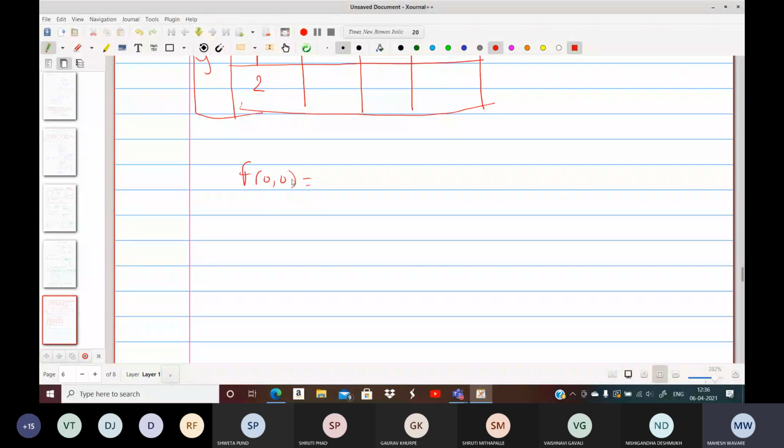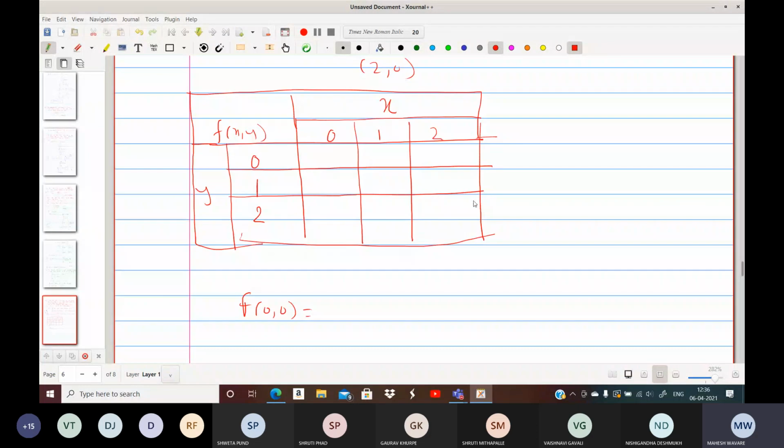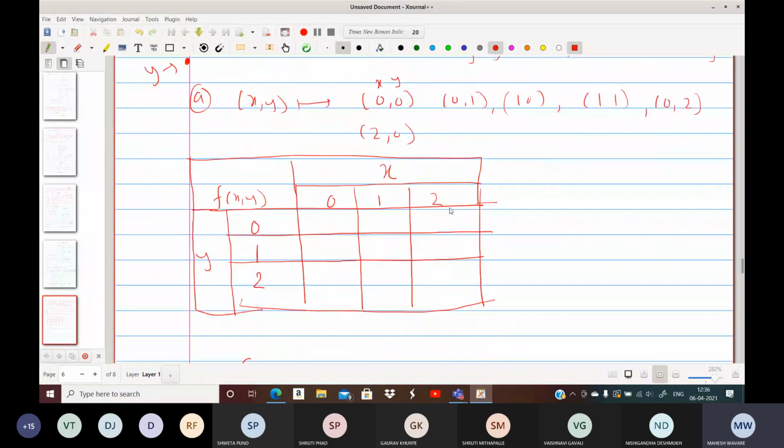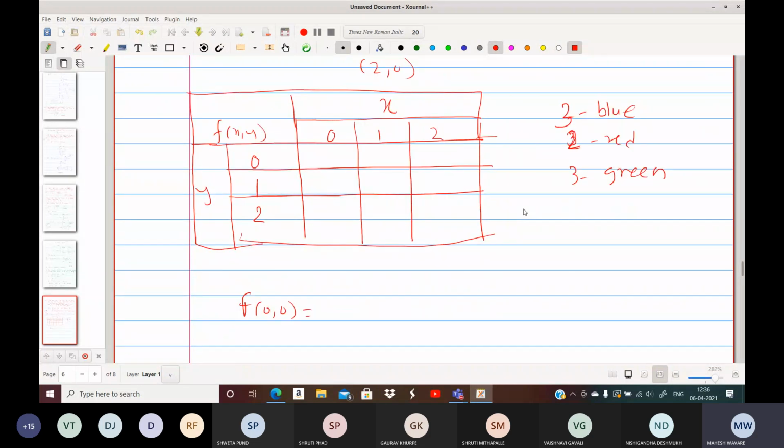That box contains 3 blue, 2 red and 3 green. f of 0, 0 means the probability that no blue and no red were selected from those two.